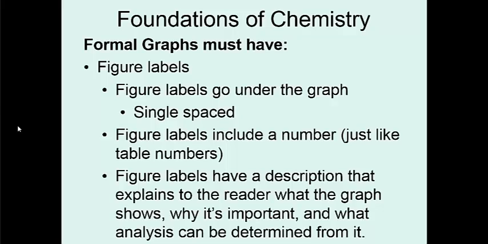Table labels had to say what was in the table and why it was important. Figure labels also have to explain what's in the graph and why it's important, but it has to go further and say what the analysis is. What analysis can be determined from that graph. The analysis is explaining the pattern. Okay?